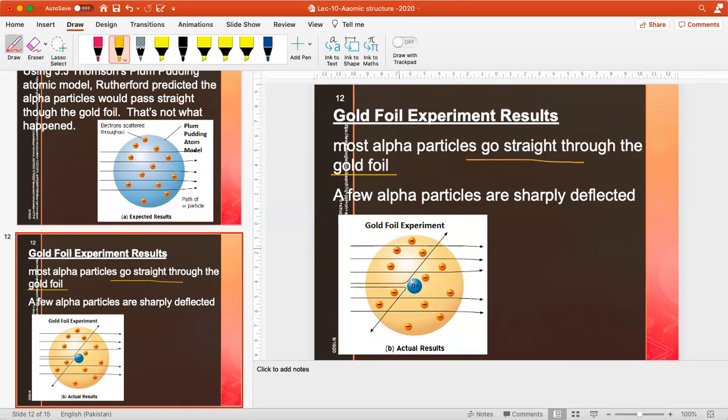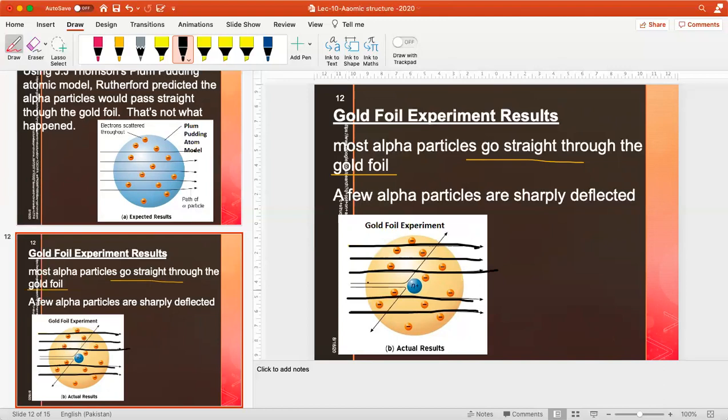Now here you can see this is passing, this is passing, this is passing. Again see, this is passing, right? Again this is passing, again this is passing.